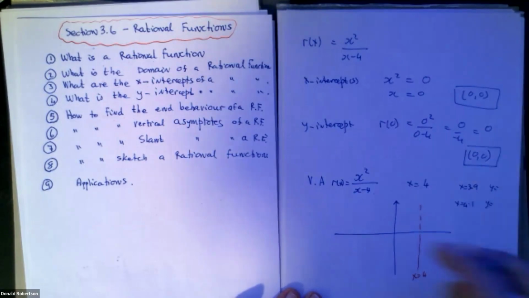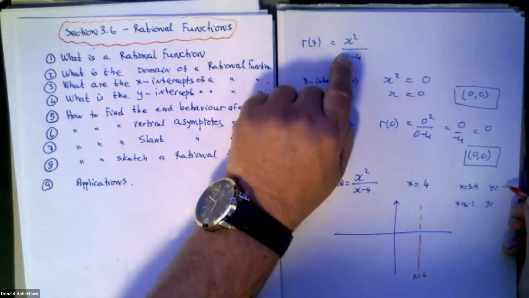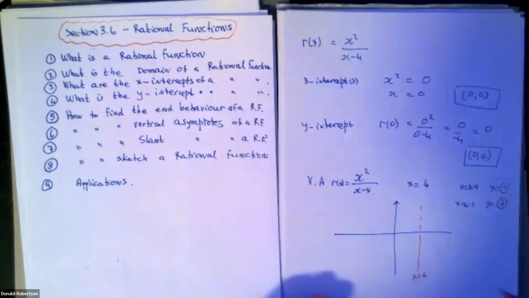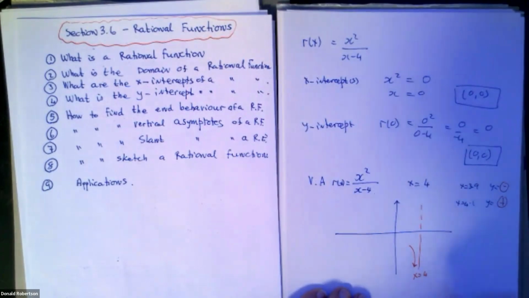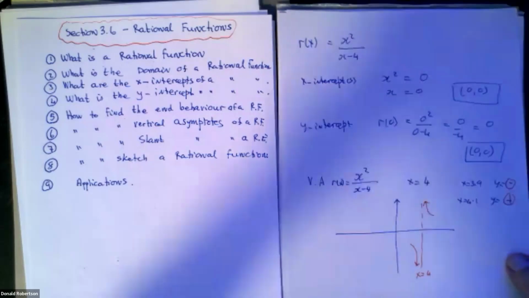That way I can find out what shape this vertical asymptote is. At 3.9, the answer is negative, and at 4.1, the answer is positive. So I know that it goes down on this side and zooms up on that side. It's one of each. And that is my vertical asymptote.